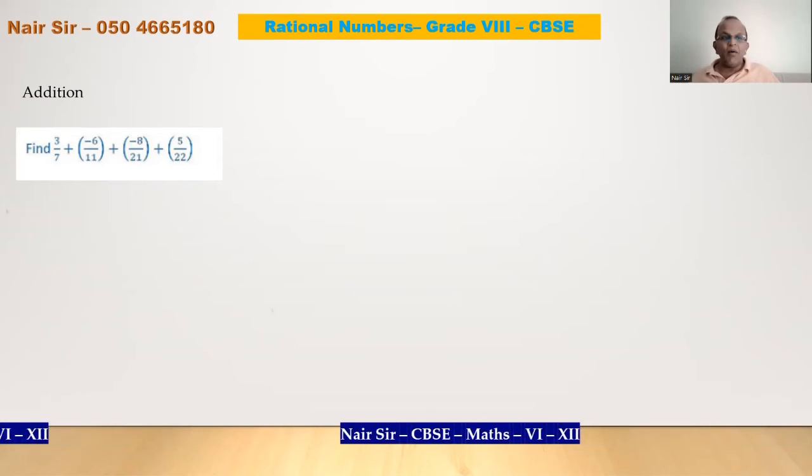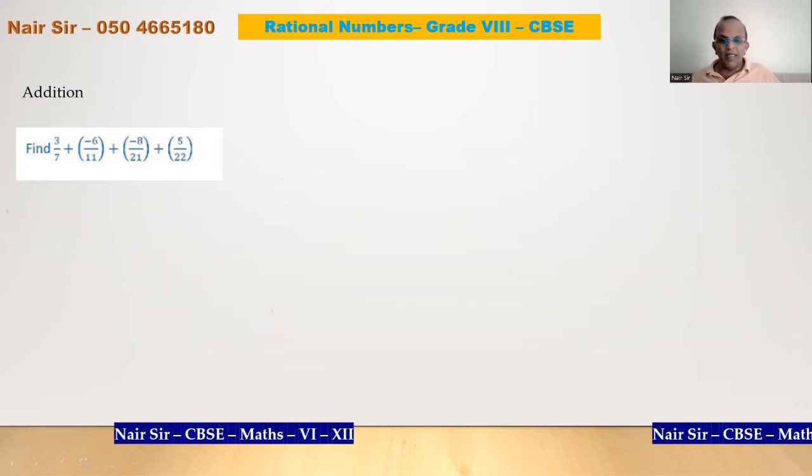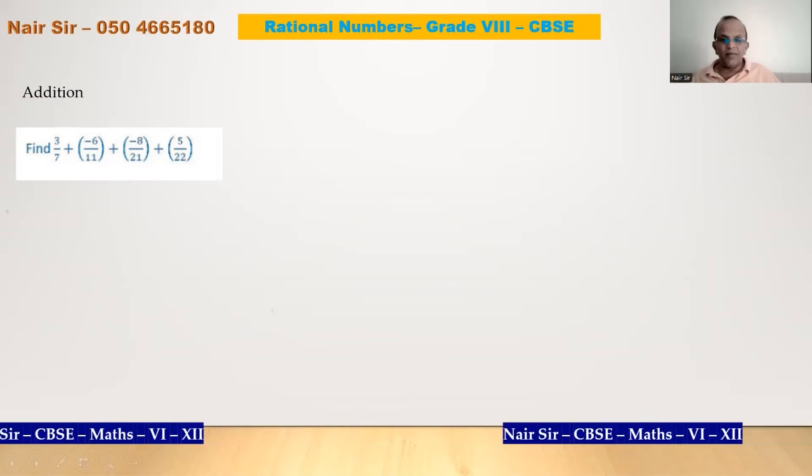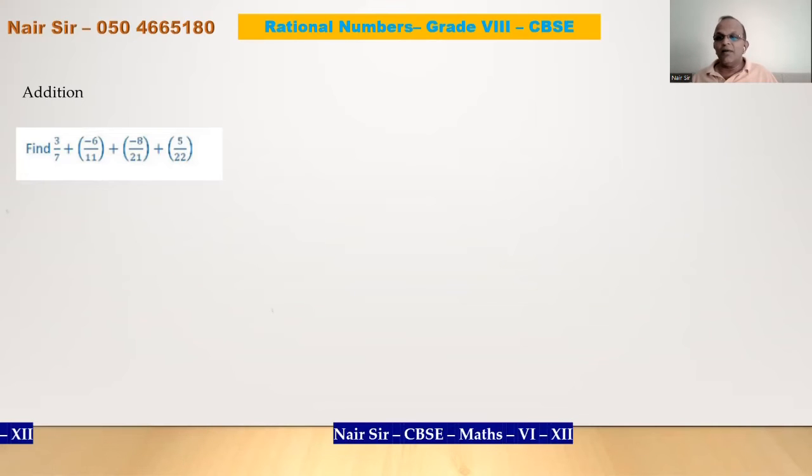Now, if I look at this particular question, whenever I have addition of rational numbers and there are multiple numbers given, I am going to focus my eye only on the denominator. Now look at this.